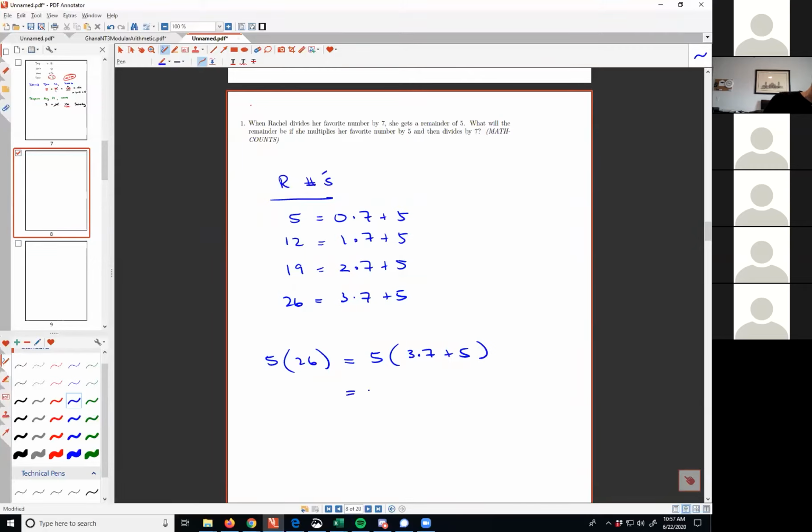And I don't care so much what it is as I do what the remainder is when we divide by 7. Does everyone see that? Yeah. So in this case, we get a remainder of 4. So whoever offered that answer, you seem to be correct, but is this always going to work?